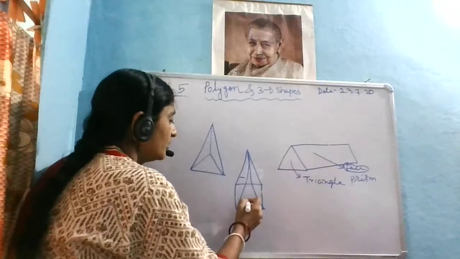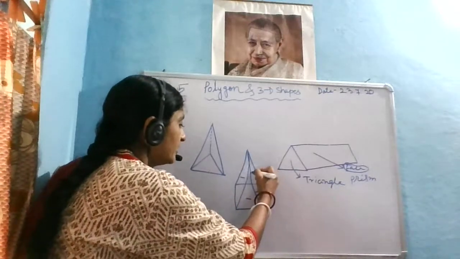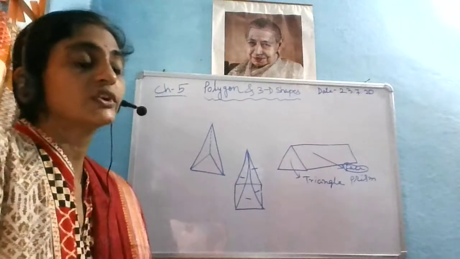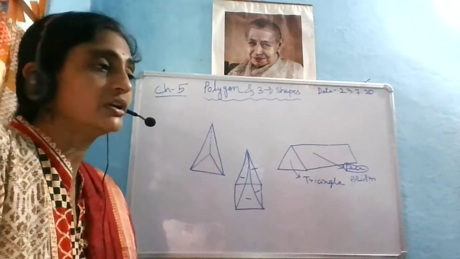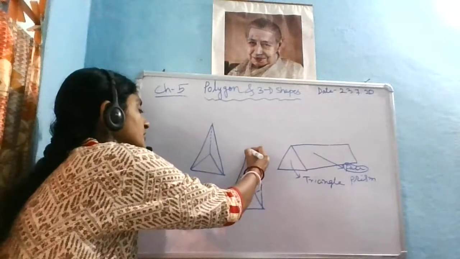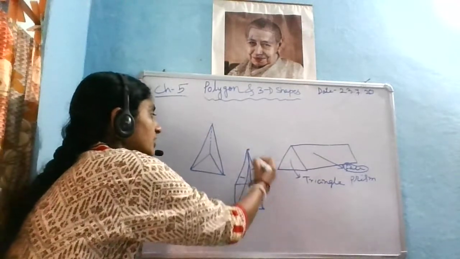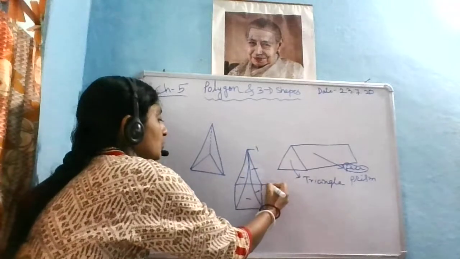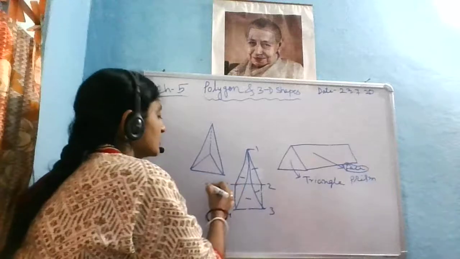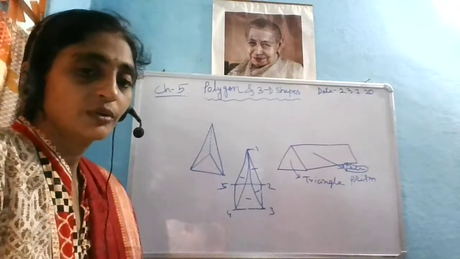I have had 1, 2, 3, and on the back that is the fourth. So in that case, how many faces are you getting for this square pyramid? It has 5 faces, and this is the top, this is the one vertex, and how many vertices does it have? This is 1, 2, 3, 4, 5. In this case we are getting 5 vertices.